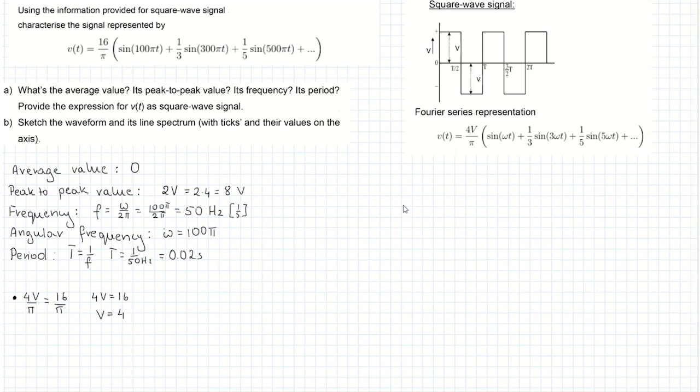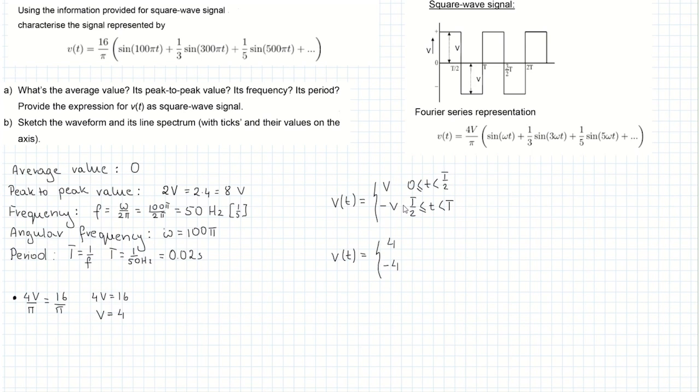Our next task is to provide the expression for v of t as a square wave signal. The general formula for that will be that v of t is equal to V when t is between 0 and half of the period, and minus V when t is between half of the period and the period. So in our case, the value of V is equal to 4.